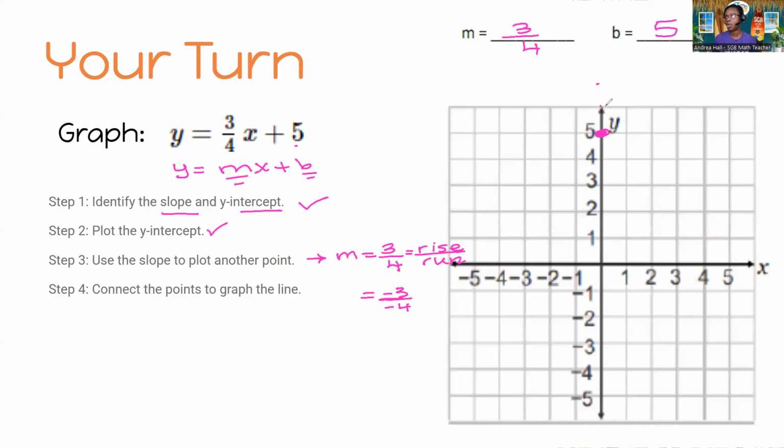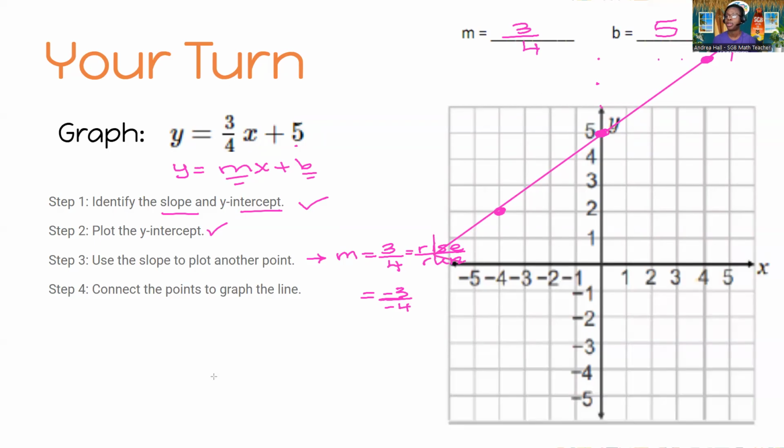So I'm going to have to go up 3, 1, 2, 3, and then I'm going to have to go to my right 4, 1, 2, 3, 4. But I could also go down 3, 1, 2, 3, and go to my left 4, 1, 2, 3, 4. And it actually will still be on the same line. So if you're ever off the grid and you don't know how to do this, you can go backwards.